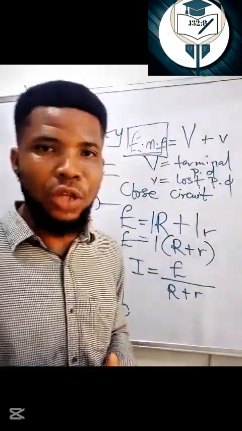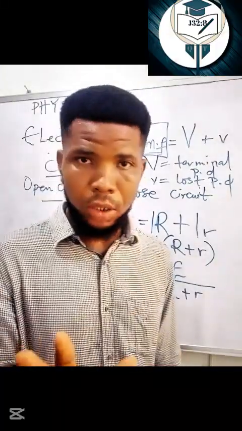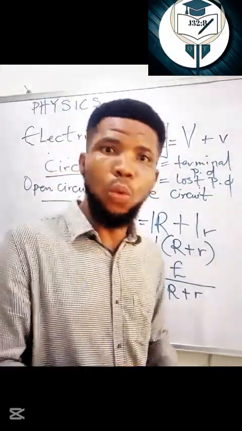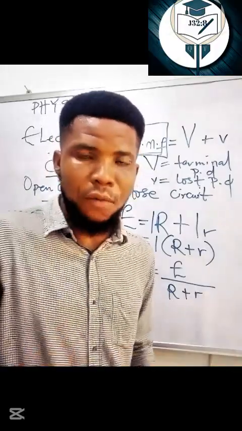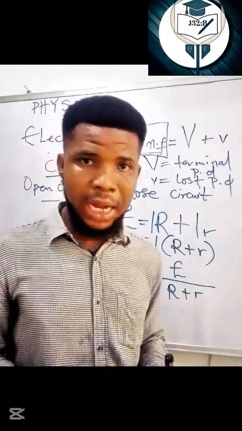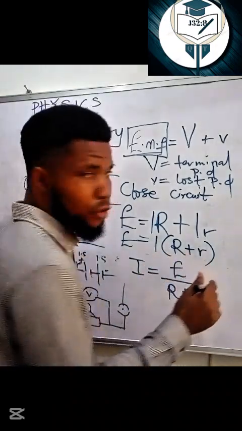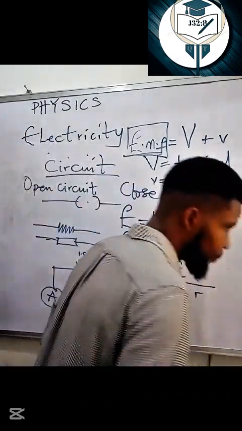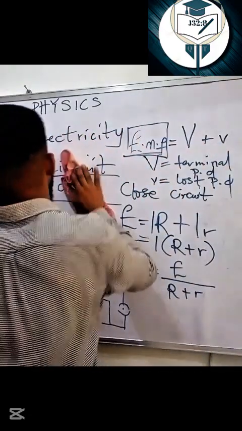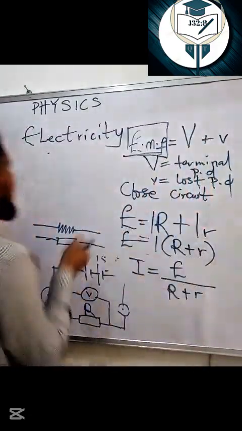Then a variable resistor, there are two types of variable resistors that we often use, or the common variable resistors. The word variable means you can change the value of the resistance. Are you getting me now? So we have a rheostat. What is the symbol for a rheostat? Alright, I want to put up the diagram where you can see it clearly. So a rheostat is something like this.